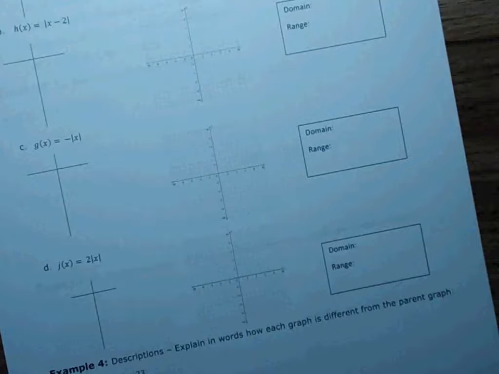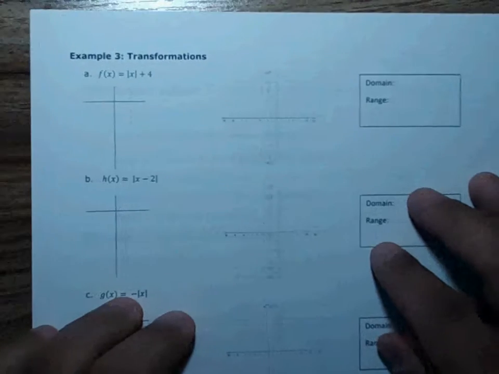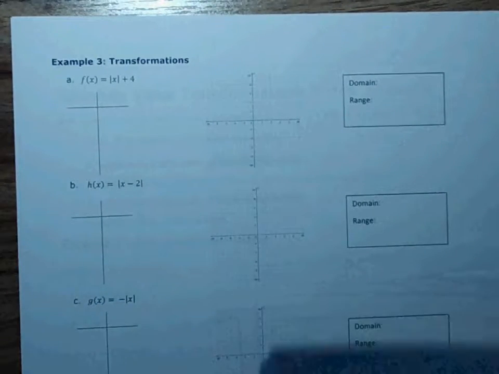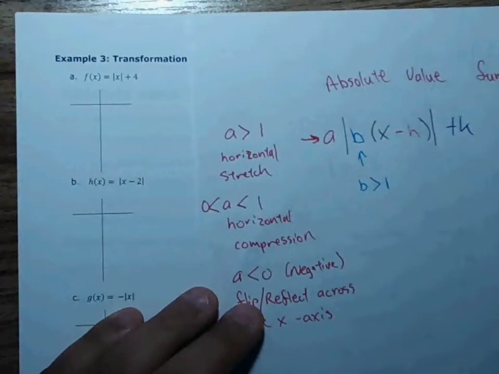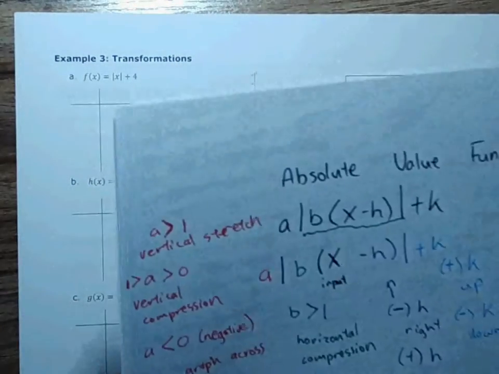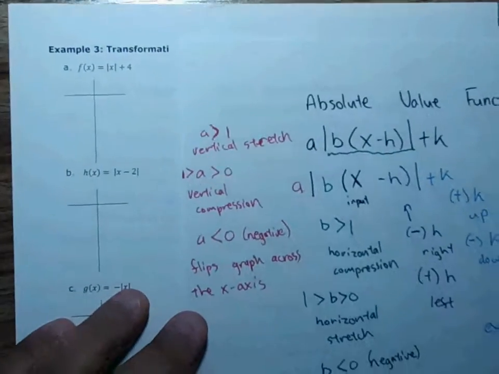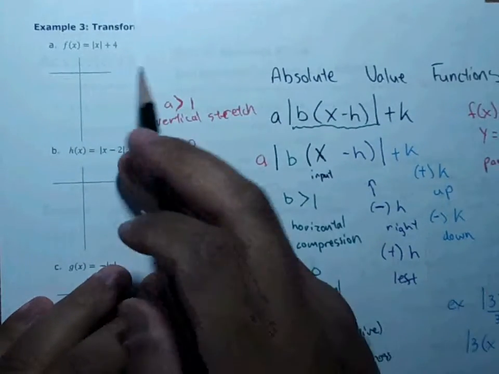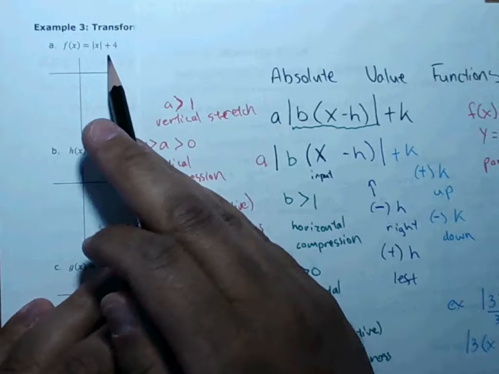So if we go through a few more examples, this will kind of introduce us to transformations as a whole. If we look at this first example, and think about what we did on that first slide with the transformations to your absolute value functions, here the only thing I'm doing is adding 4 at the end, outside of my absolute value symbol.